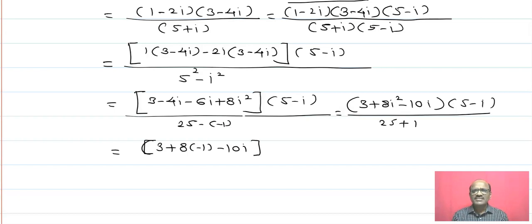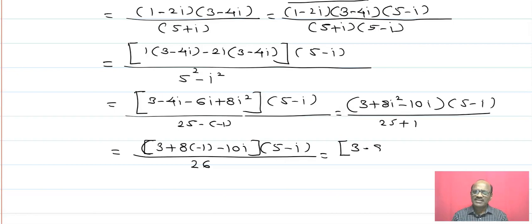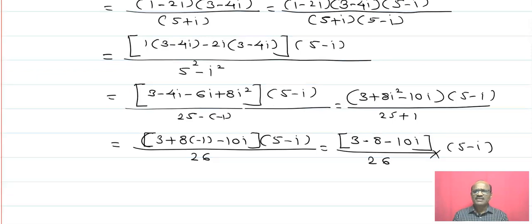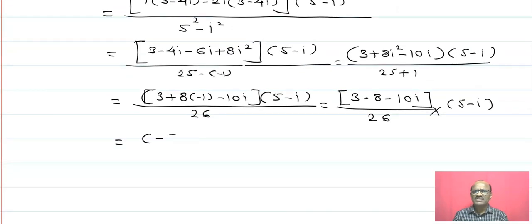Now in the next step, 3 plus 8 into minus 1 minus 10i, (5 - i) upon 25 plus 1, that is 26. Now see this, I am evaluating in this manner: 3 minus 8 minus 10i upon 26 into (5 - i).